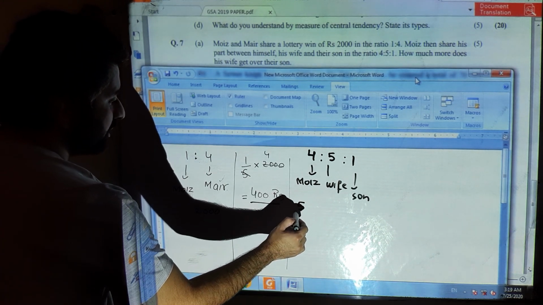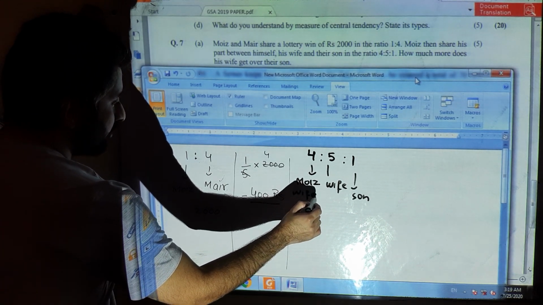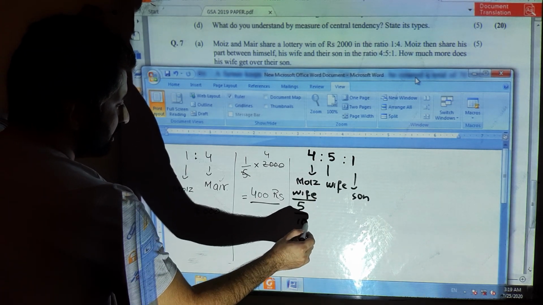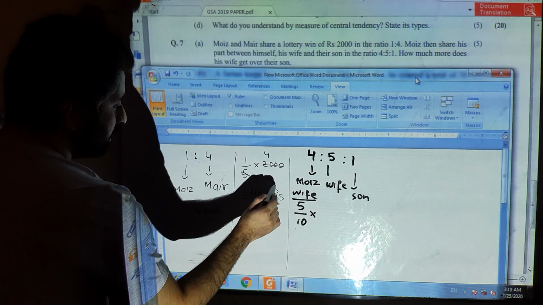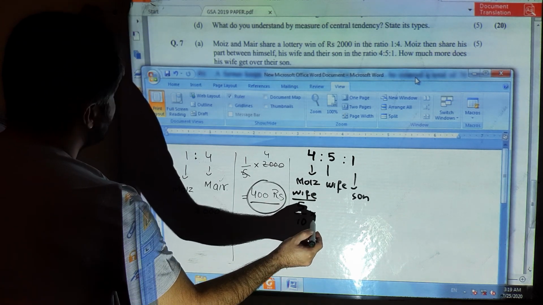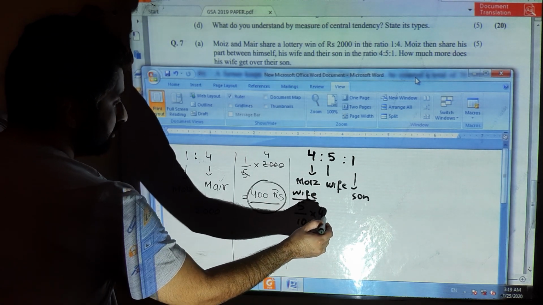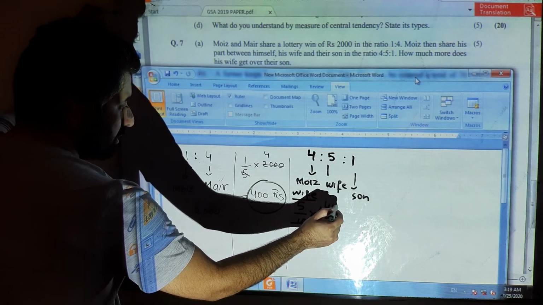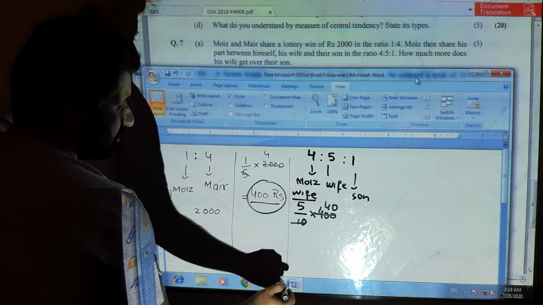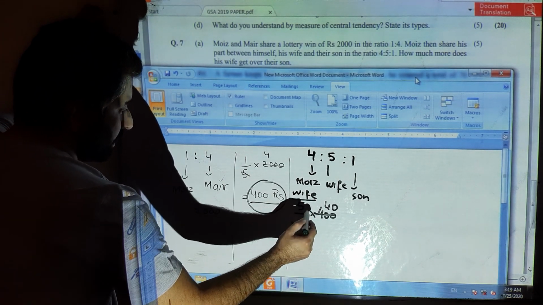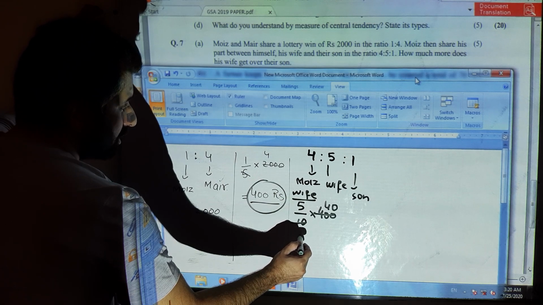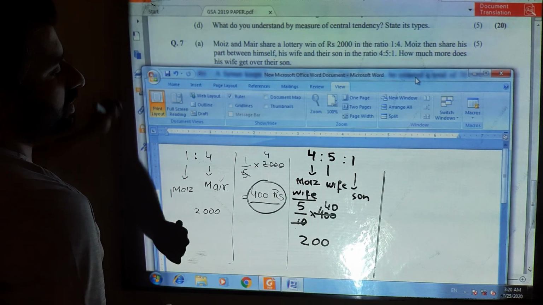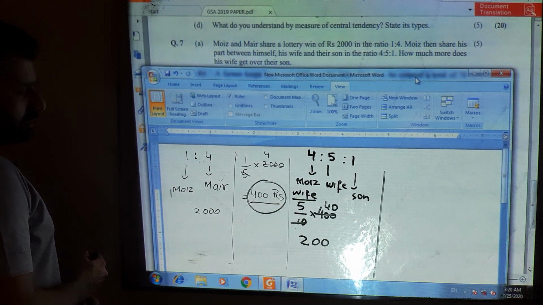So the share of the wife is 5 parts out of a total of 4 plus 5 is 9, plus 1 is 10 parts, multiplied by the amount that Muiz got after division with Mayor, 400. That is 40, and 5 fours are 20, so 200. The share of his wife is 200.